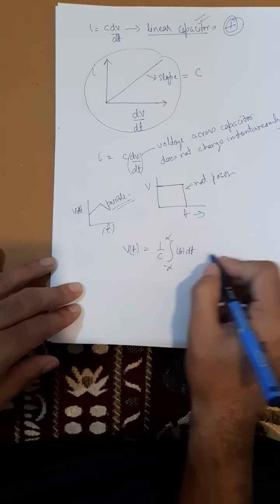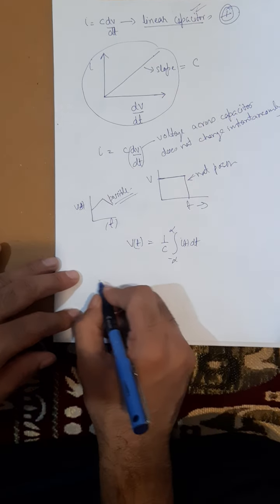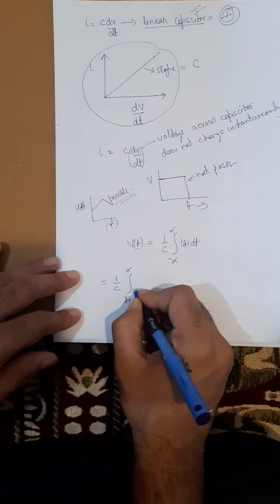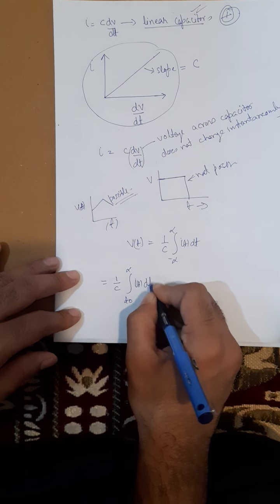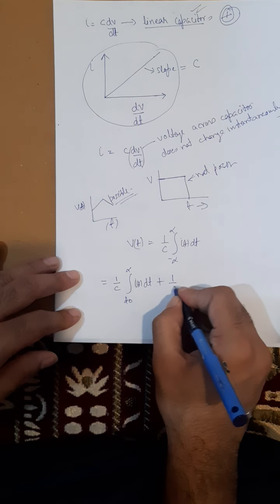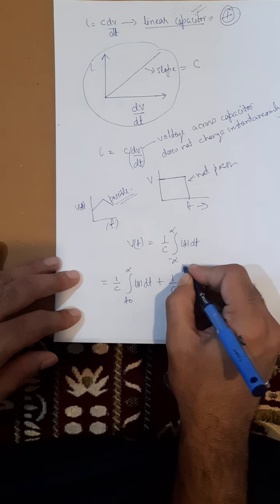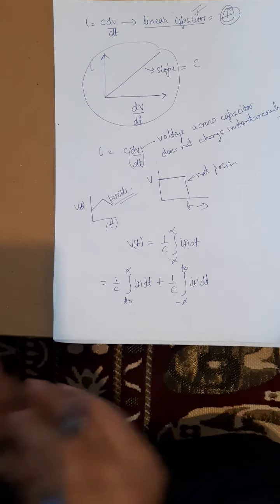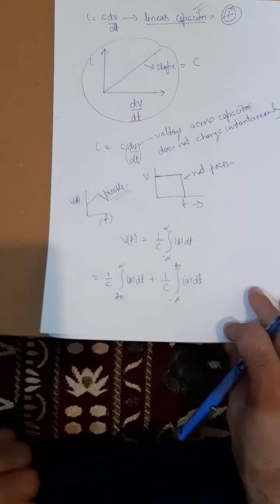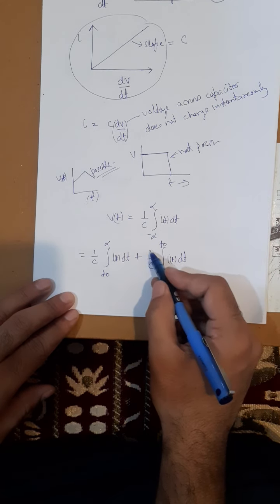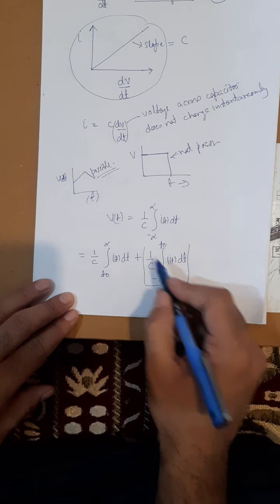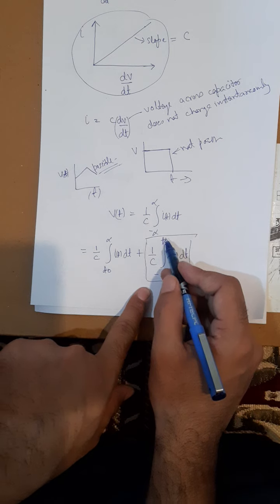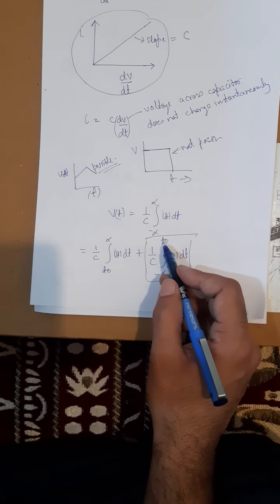If you break this limit into two, it is 1/C integral from t0 to t of i(t) dt plus 1/C integral from minus infinity to t0 of i(t) dt. This last term is the voltage across the capacitor from time minus infinity to t0, and t0 is the time of interest.